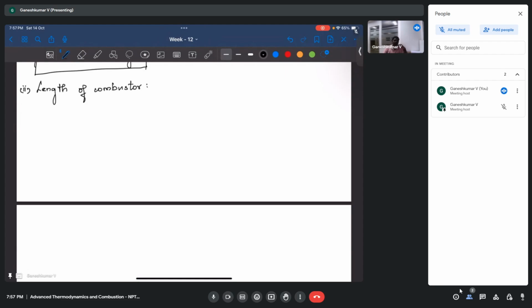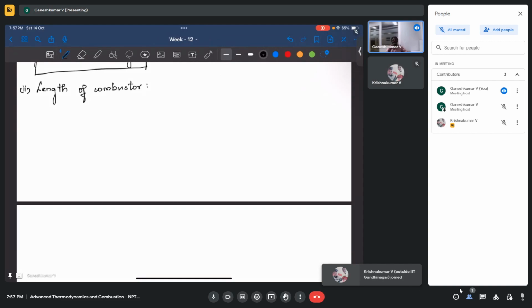One of the assumptions in deriving all these functions is that the droplet is in a quiescent medium, which means gases are not moving, droplet is not moving, or in a sense, droplet and gases are at rest compared to each other. So relatively, you can apply this analysis here also.